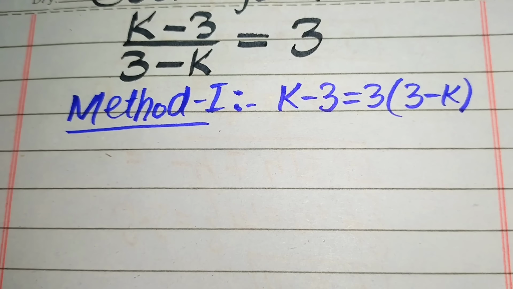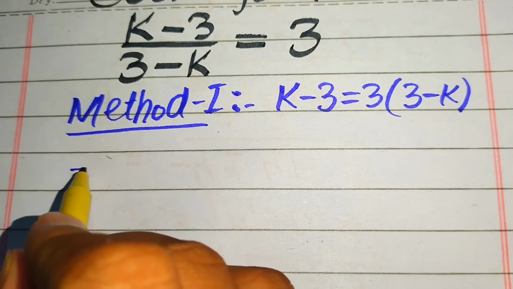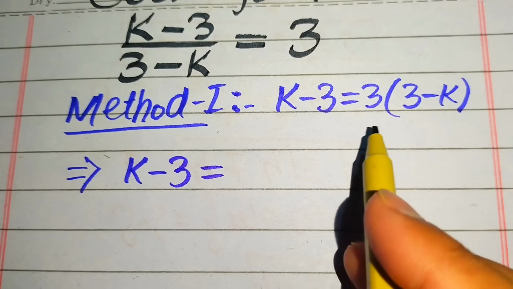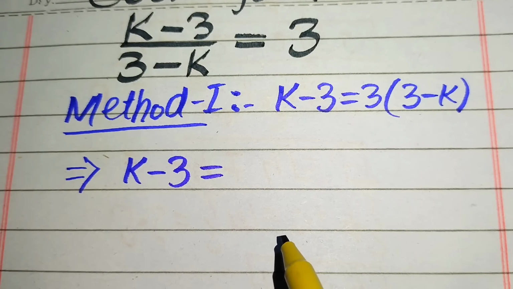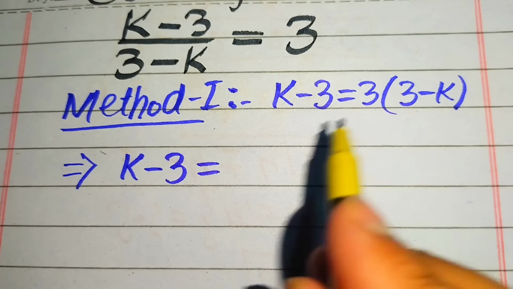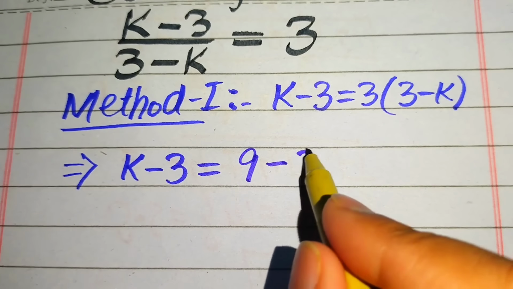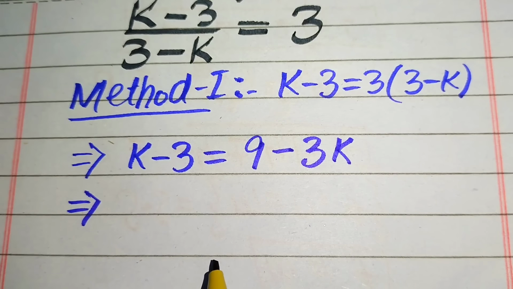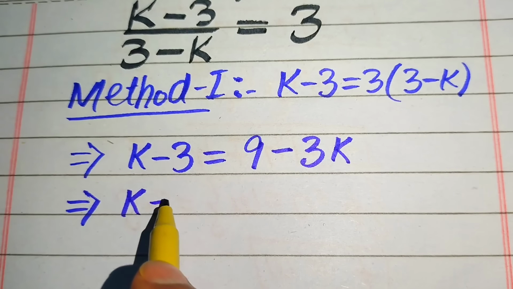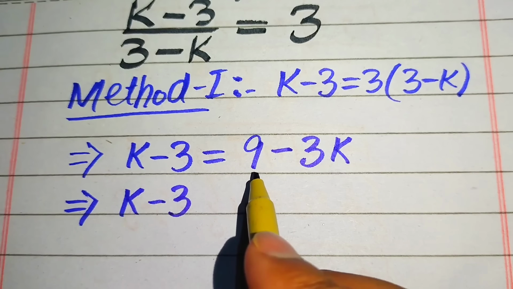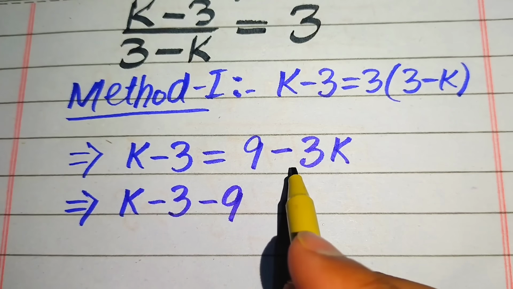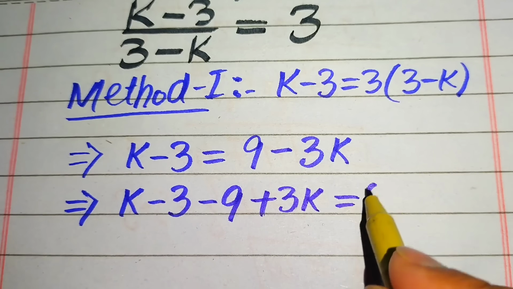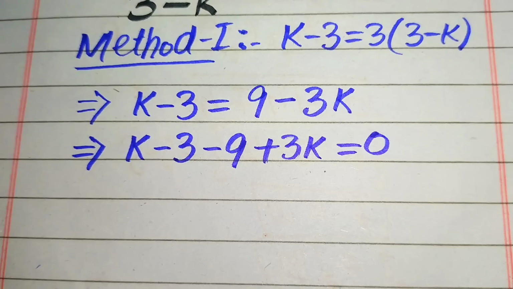In the next step we simplify: k − 3 equals, we multiply this 3 separately on both values, and it becomes 3 times 3, which is 9, minus 3 times k. Further, we move all the terms from the right hand side to the left hand side, and it becomes k − 3, positive 9 becomes negative 9, negative 3k becomes positive 3k, and this whole equation equals 0.